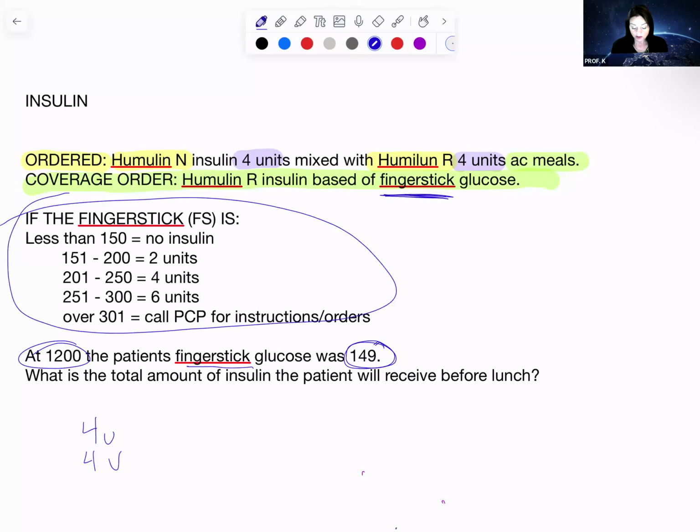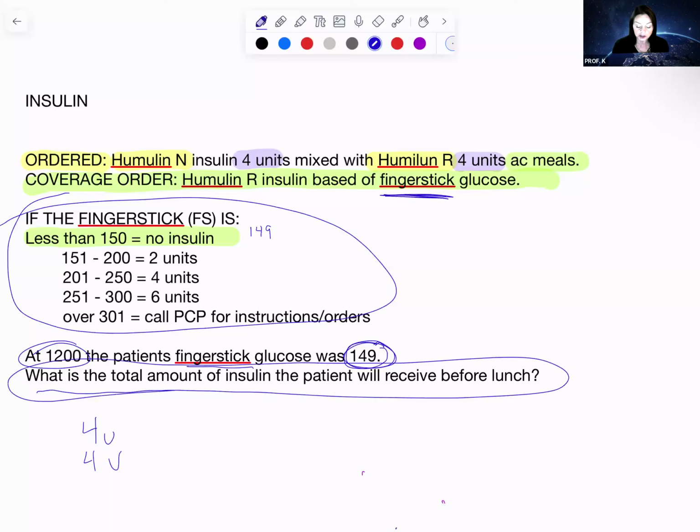So you have to say, where does 149 fall in these coverage orders? Here. This order says less than 150, no insulin. The question says, what is the total amount of insulin the patient will receive before lunch?